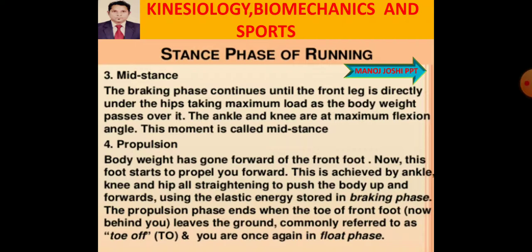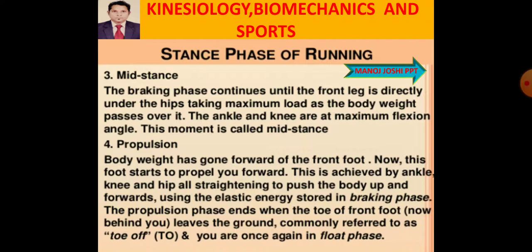Then propulsion, when the body is being propelled forward, body weight has gone forward over the front foot. Now this foot starts to propel you forward. This is achieved by the ankle, knee and hip all extending to push the body up and forward, using the elastic energy stored in the braking phase.